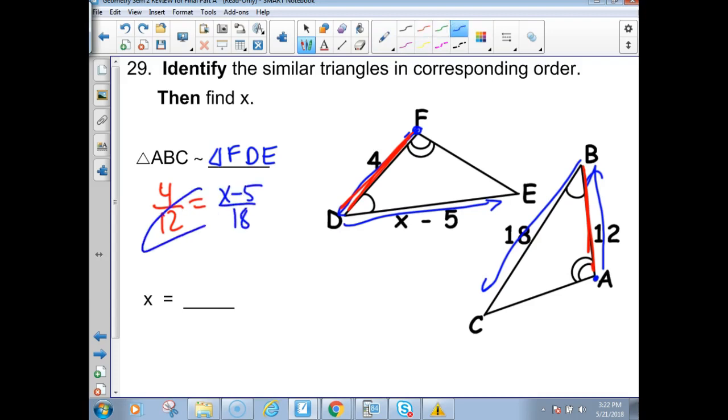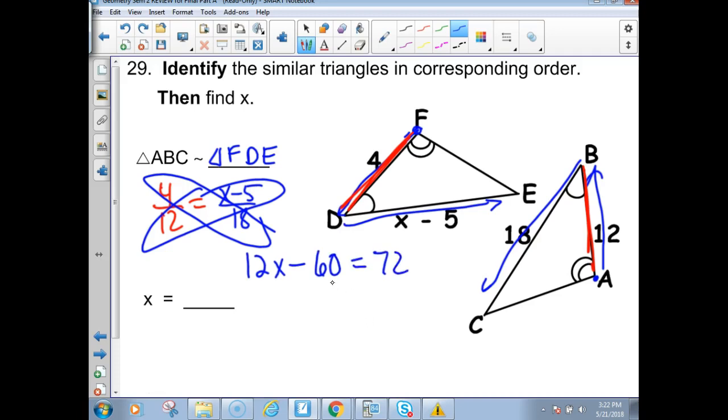Got to do your cross product property and solve. So 12 times x, 12 times 5 is 60, equals, what's that, 72? 4 times 18. You'll have to add 60 and then divide by 12. I believe that's 11. So x is 11.